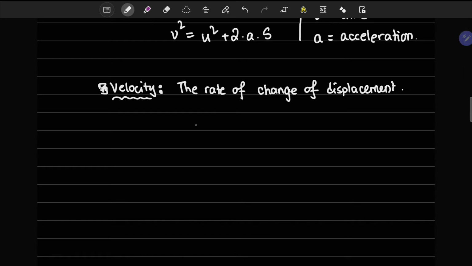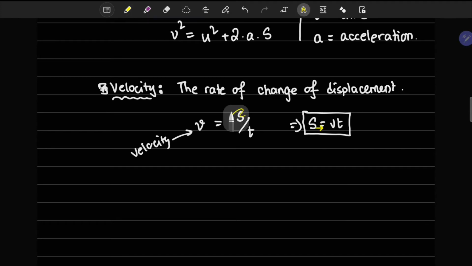Which means that velocity, if denoted by V, is basically S over T, where S means the change of displacement and T is the change of time, which means S is Vt. Alright, so we have our first equation of motion, S equals Vt. Let's put that down as equation number 1.